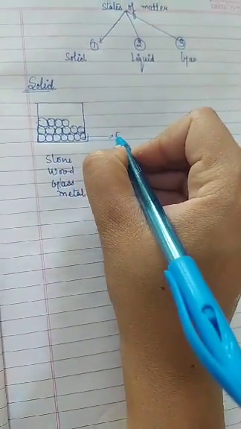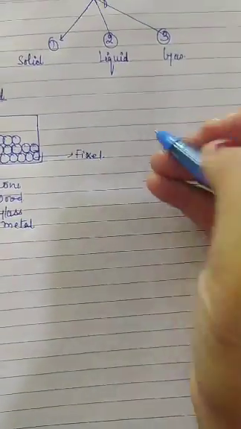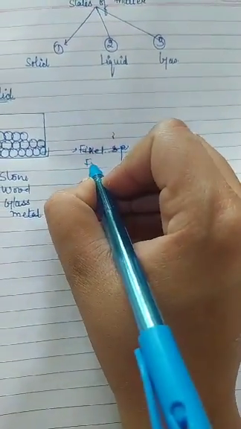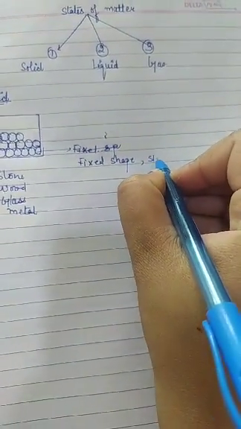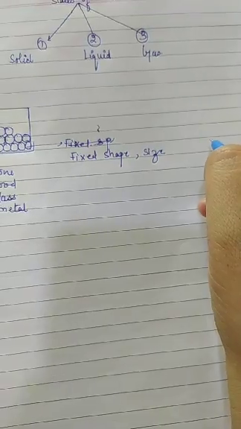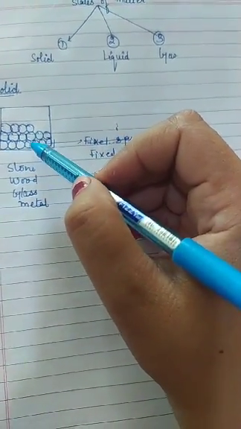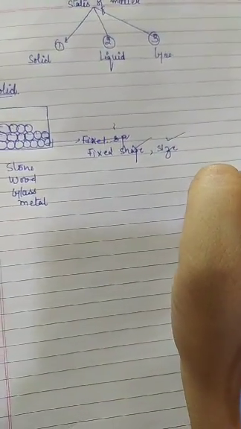Okay, they have fixed shape because of the strong force of attraction. They have fixed shape and size. Why? Because here the molecules are tightly packed with each other and they have strong force of attraction.